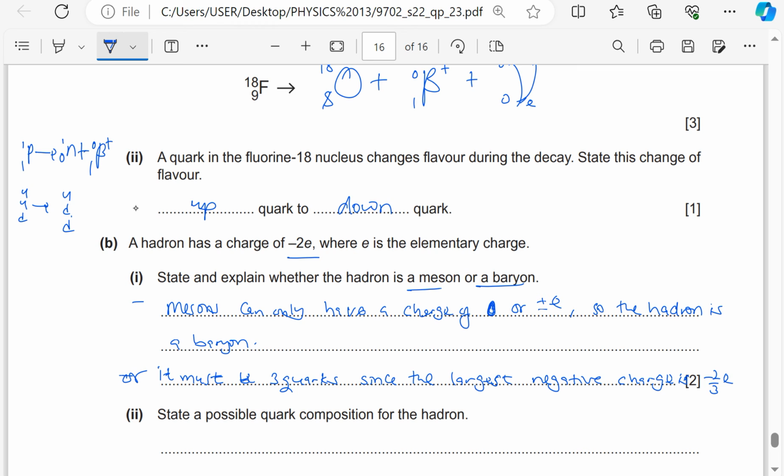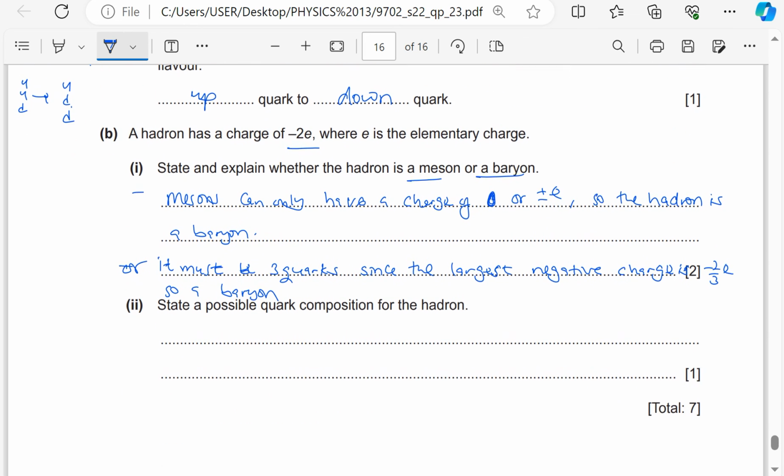So it must be 3 quarks, since the largest negative charge is minus 2 over 3e. So a baryon. It is baryons which are made of 3 quarks.